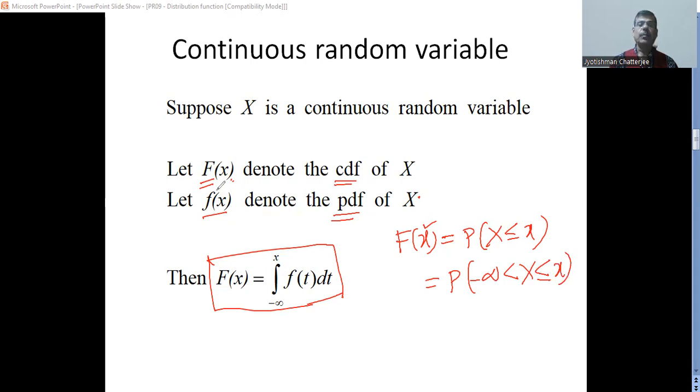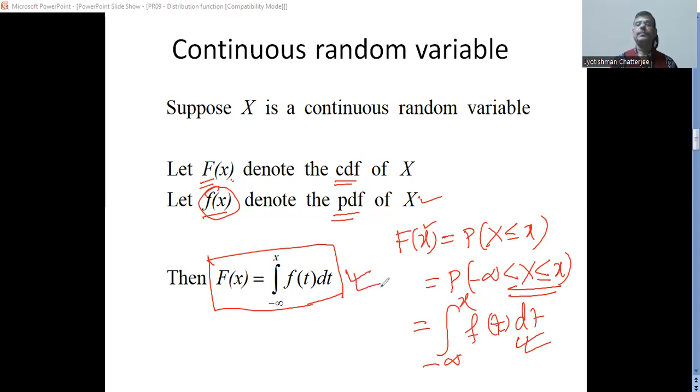And because small f is the PDF of capital X, we can write this as the integration from minus infinity to small x of f(t) dt, because this probability must be the area under the graph of small f up to the point x starting from minus infinity. That's why this one. And that's what we have got here. So it follows from the definition of capital F and the definition of the PDF of a random variable capital X.